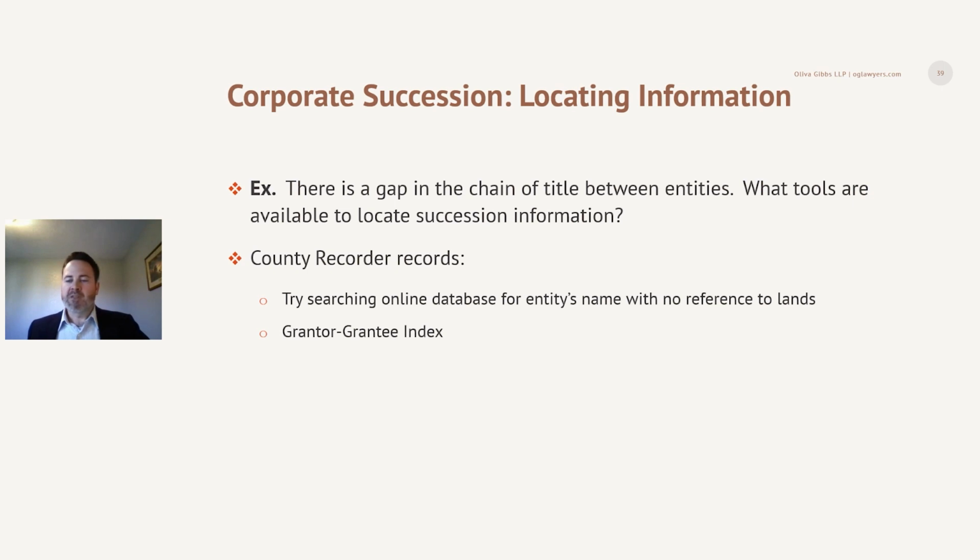So any instruments filed for recording that do not include a legal description usually end up in the grantor grantee index. So if you encounter a gap in the chain of title, a search of the grantor grantee index could be fruitful.